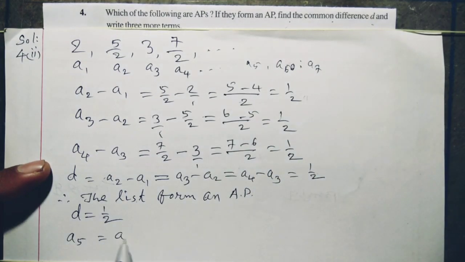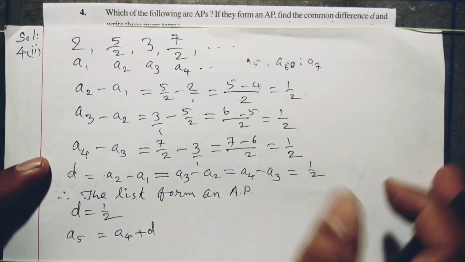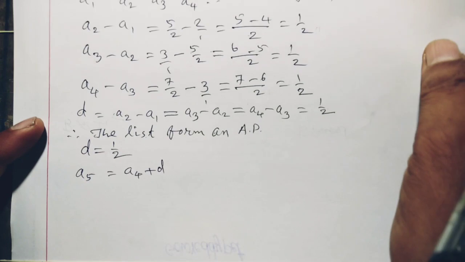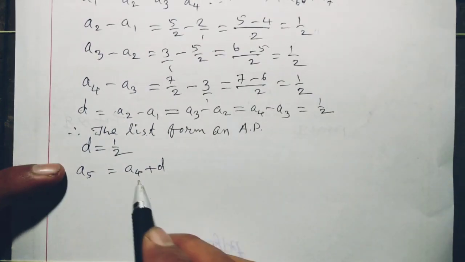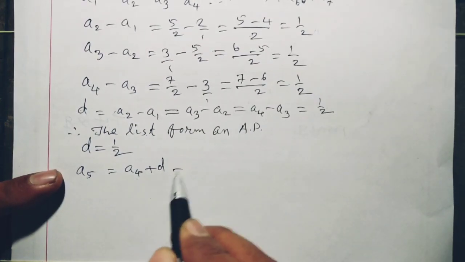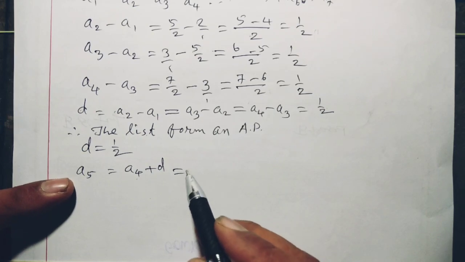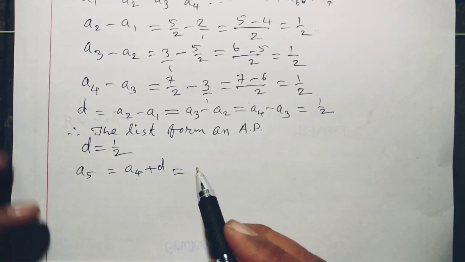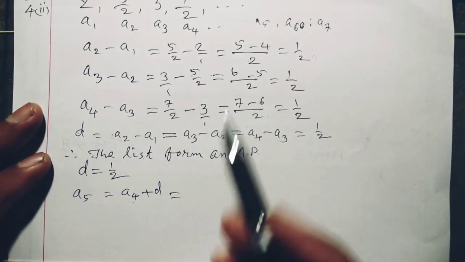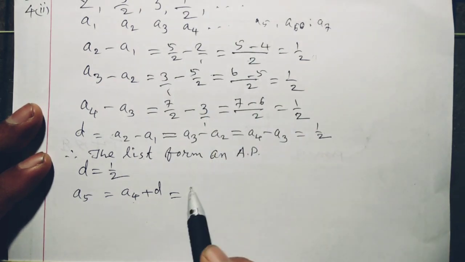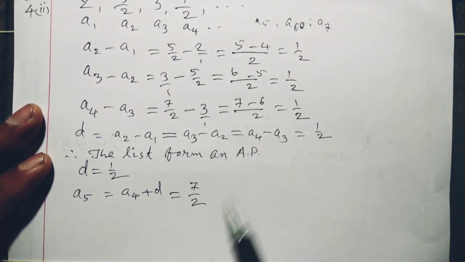A5 is equal to A4 plus D. A5 is equal to A4 plus D, A4 is 7 by 2, plus D is 1 by 2.